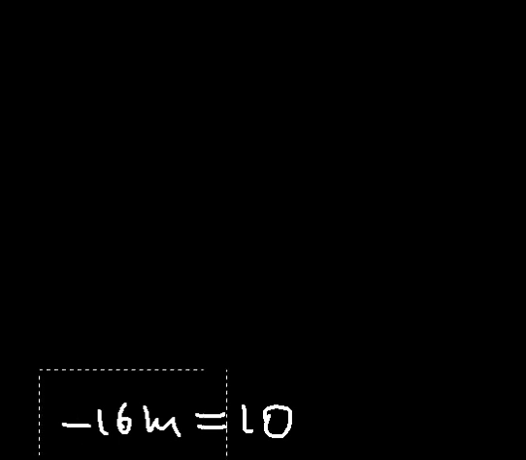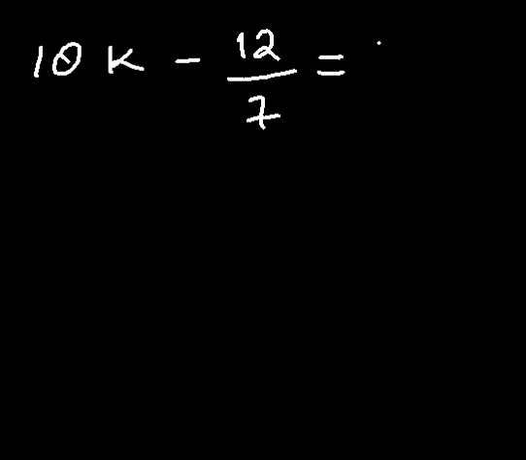So how about if we have, let's say, this case: 10k minus 12 over 7 is equal to 3k minus 1 divided by 5. So now how should you have the solution for this case? The principle remains the same.